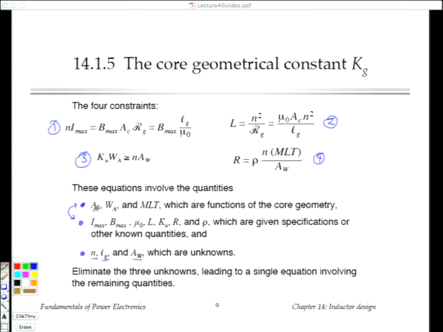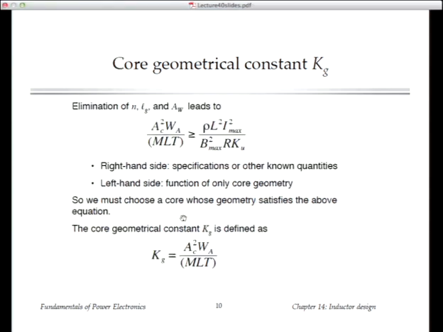And what we want to do is take everything that depends on the core geometry and put it on one side of the equation, and the givens or known quantities we'll put on the other side of the equation, and we'll choose a core that satisfies that. So here is that.